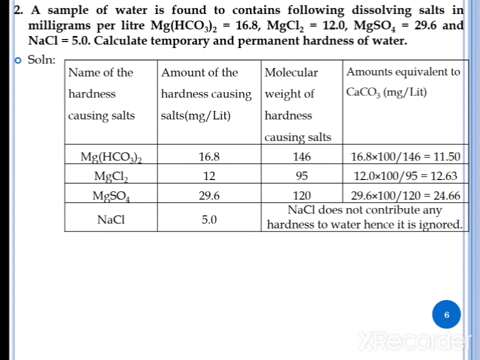Here there is one difference: we have been given NaCl, but NaCl does not contribute any hardness to water. So we do not have to calculate its amount equivalent to CaCO3, because we do not need to consider it. Similarly, KCl also does not contribute any hardness to the water.